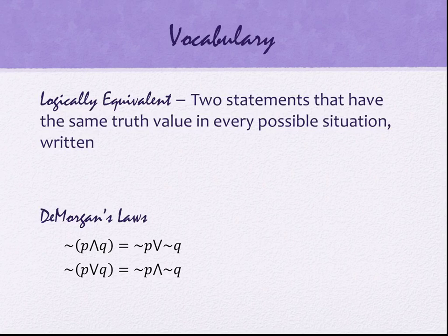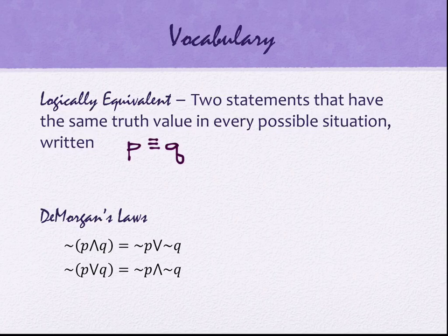Little vocabulary. Logically equivalent are two statements that have the same truth value in every possible situation. And if two statements are logically equivalent, like P and Q, we write them with a triple equal sign between them.